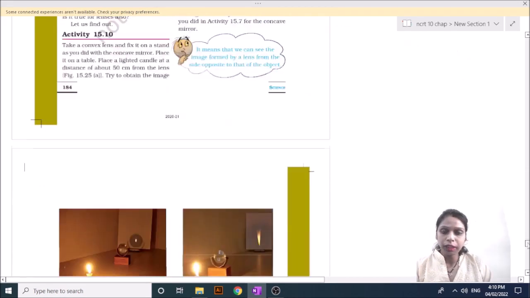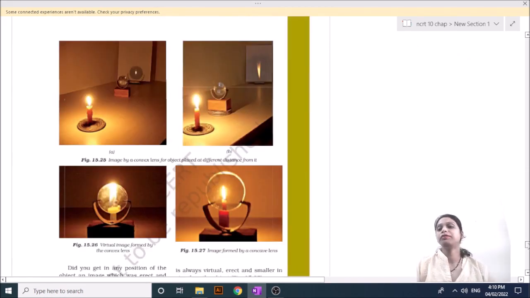Now for this we take an activity. We take a lighted candle and put a convex lens near it. What do we observe? We observe that the image shown here is erect and larger, that is virtual, erect and larger.